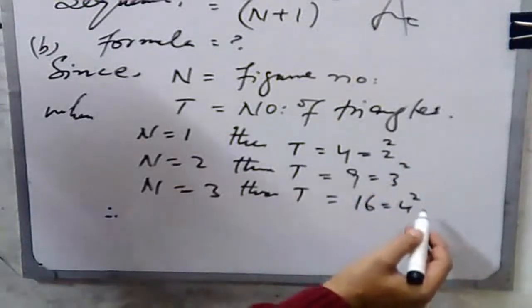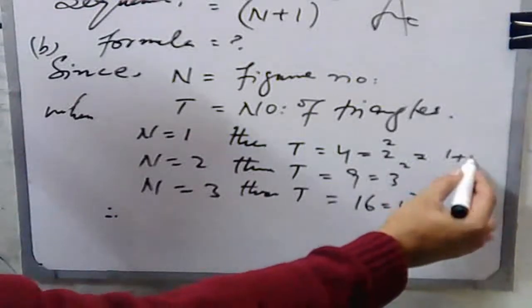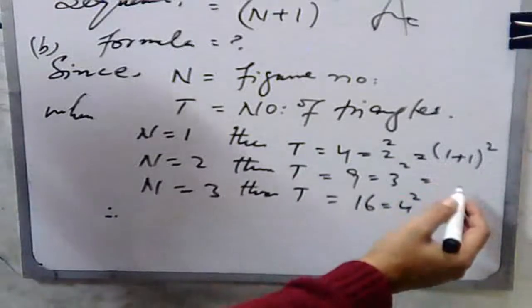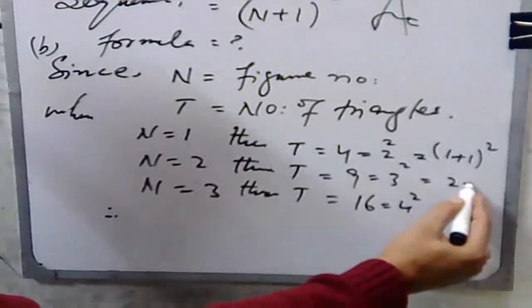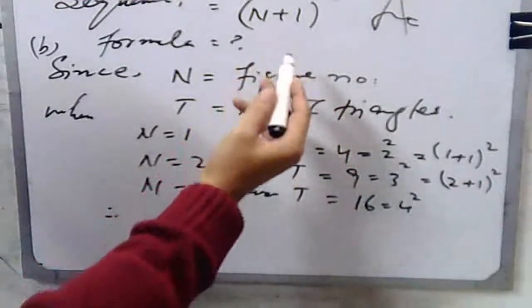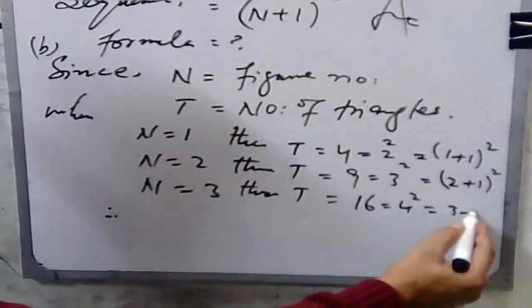Further it can be written as 1 plus 1 whole square, then 2 plus 1 whole square, because the formula is n plus 1, we already know this. Similarly, then 3 plus 1 whole square.